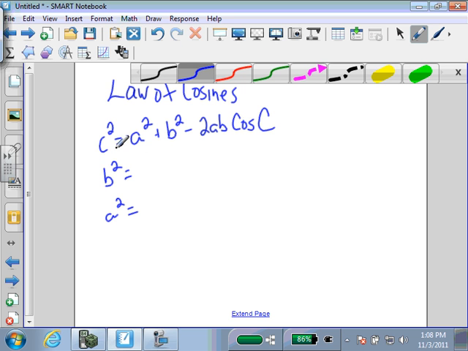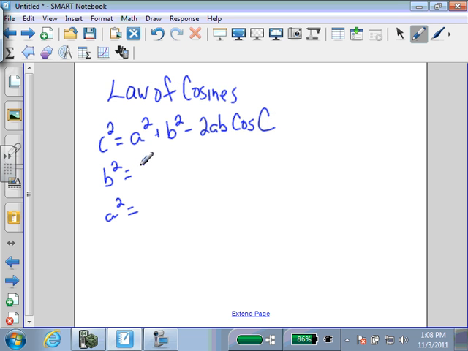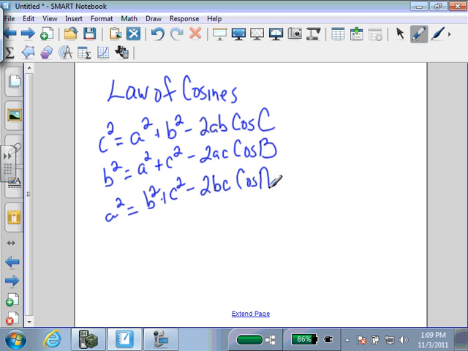So we have c squared equals a squared plus b squared minus 2ab times the cosine of angle C. If you needed to find side B, you could do b squared equals a squared plus c squared minus 2ac cosine of angle B. And if you wanted to find side A, you would do a squared equals b squared plus c squared minus 2bc cosine of angle A.